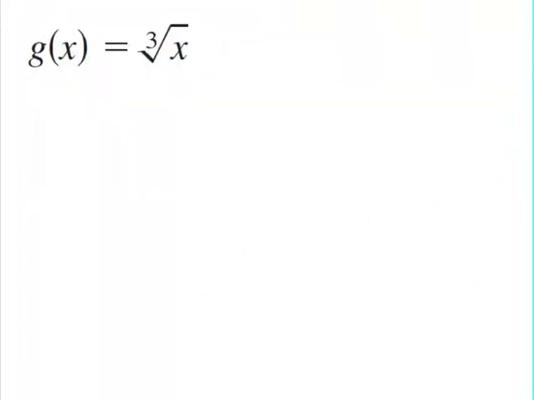Obviously I'm not going to start with an easy one, because I think you can handle the easy ones. We're going to start with this one. The very first thing you need to do is rewrite it. So what would that be? x to what power? 1/3. To find the derivative, we take the 1/3 and move it to the front. So I've got 1/3 x to the what power?